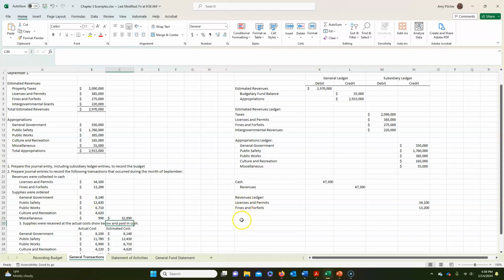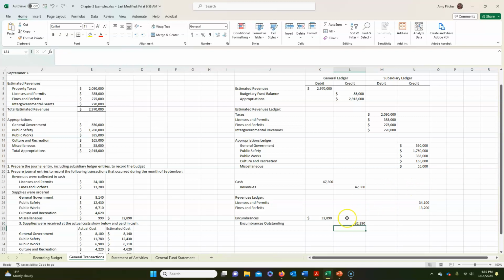Okay, and then we're going to have our encumbrances of $32,890, and then we have encumbrances outstanding of $32,890.